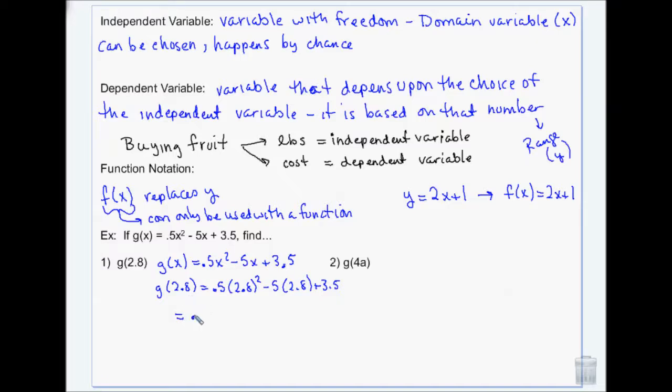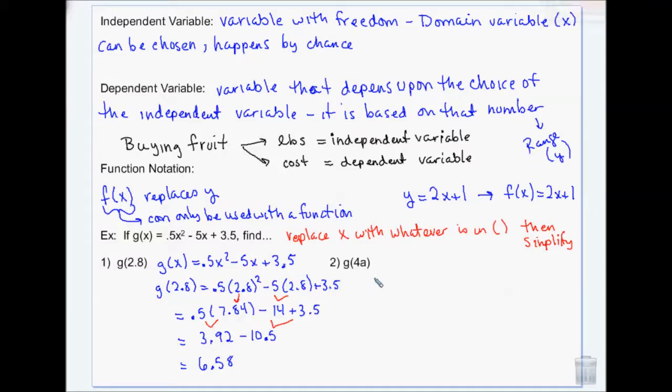Then I'm going to square it and multiply it. And then I multiplied those and I added these. And then finally I add the last two. So this gave me that, those gave me that, those gave me that, and those gave me that.